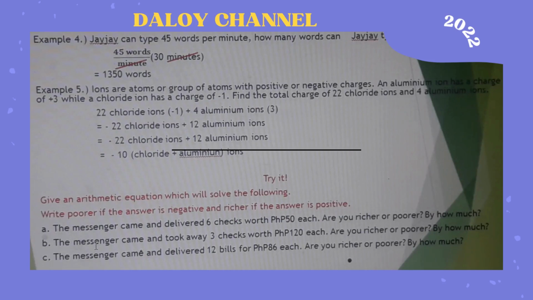By eliminating the unit of minutes, we are able to find how many words he can type within that value of time, 30 minutes. So we simply multiply 45 words times 30. The product would be 1,350 words.